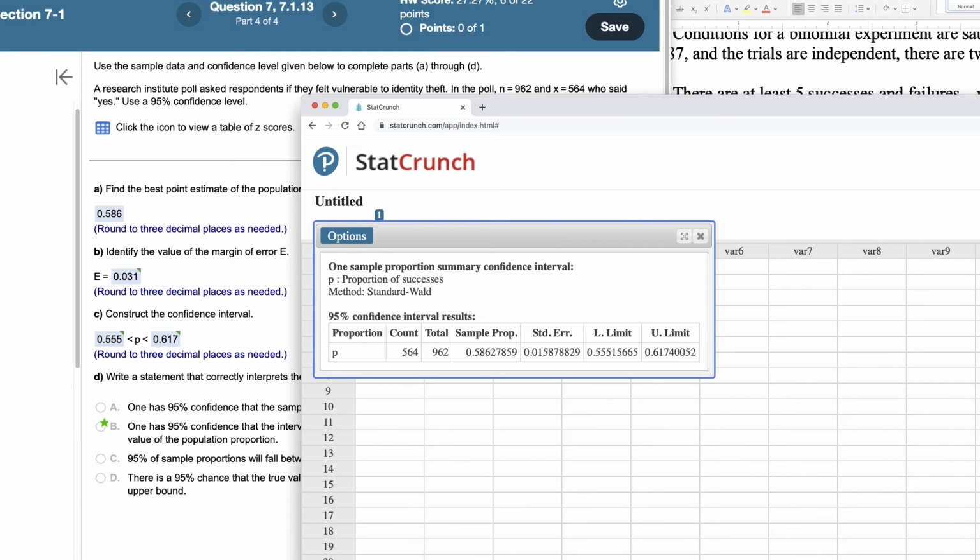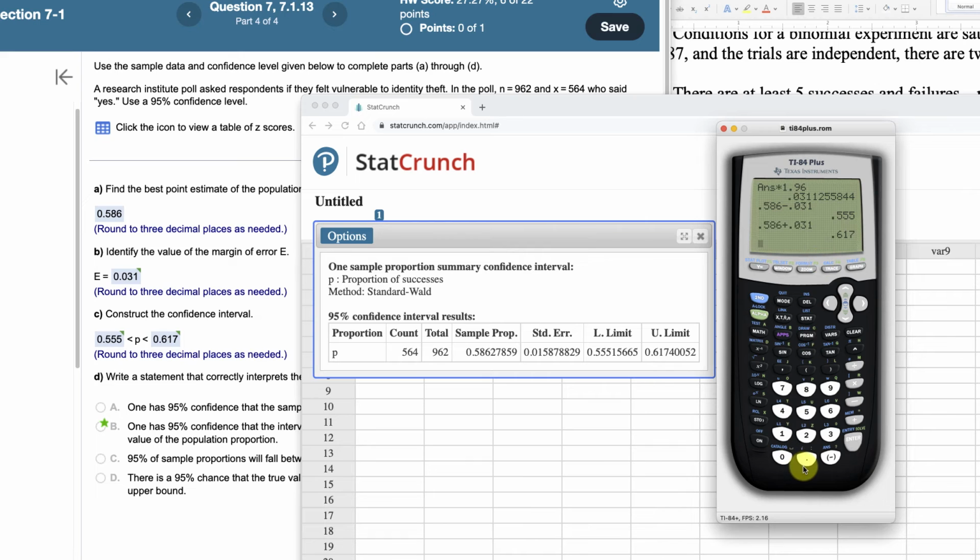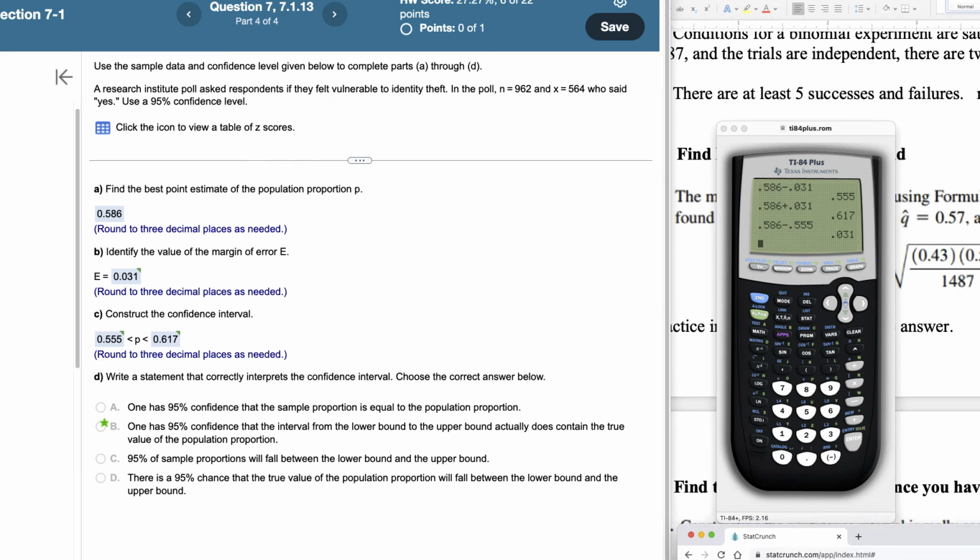So what I would do with my calculator to find that error would be to take our point estimate, 0.586, and subtract it from the bottom one, 0.555. 0.031 would be my error because it's 0.031 down and up. So this does it pretty quick. You're welcome to do both ways, but obviously StatCrunch is much faster.